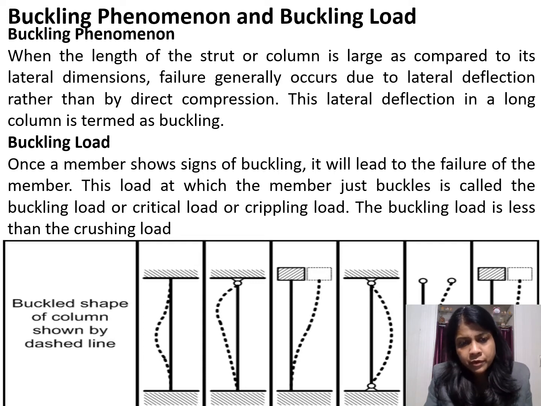So in case of a fixed end, the column bending will be of this type. The deflected shape will look like this dashed line.